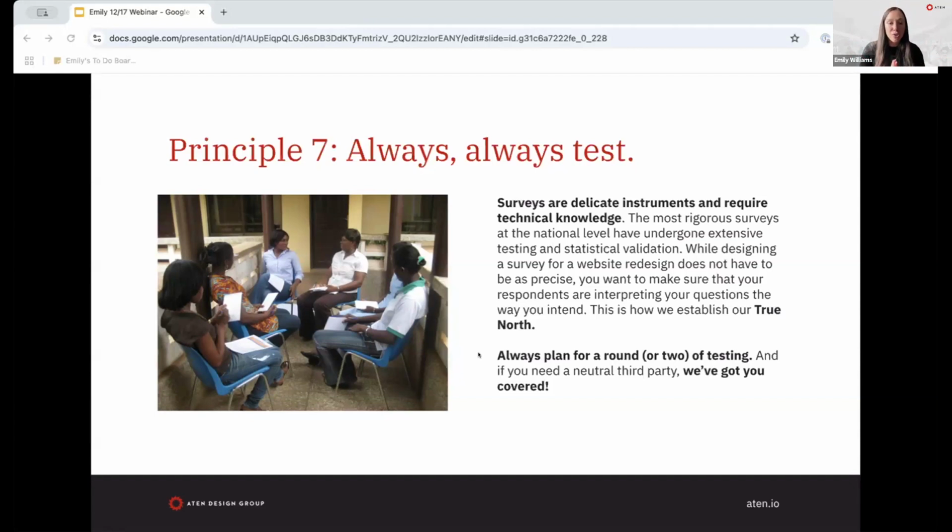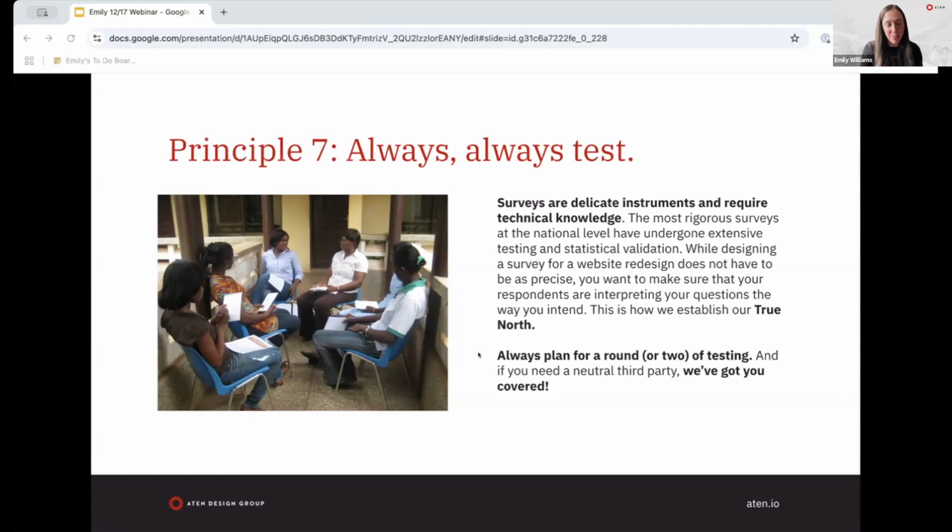Surveys are so delicate. They're very delicate and technical instruments. And we know that because we use surveys in a lot of national data, and we use surveys to make decisions about national policy and that kind of thing. For a website redesign, we don't necessarily have to be so precise. We don't have to do all of the statistical validation.